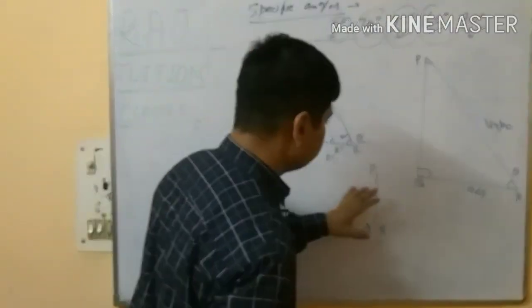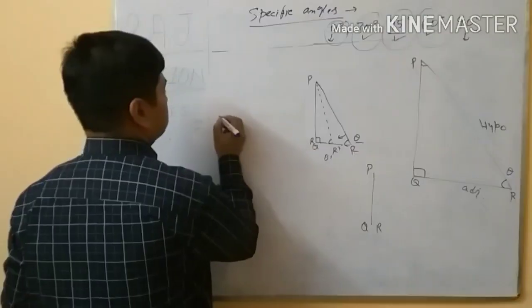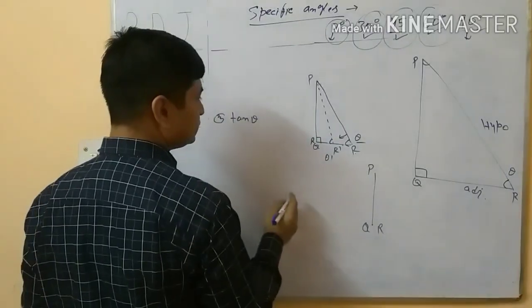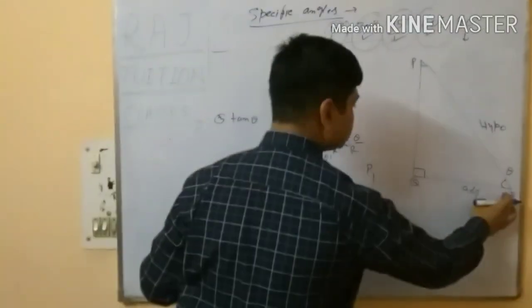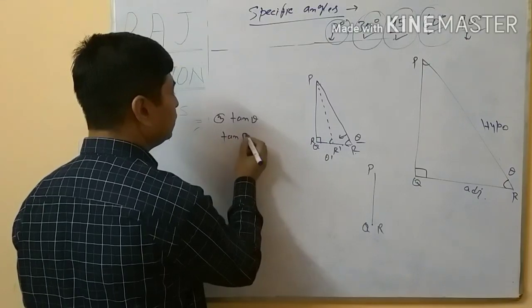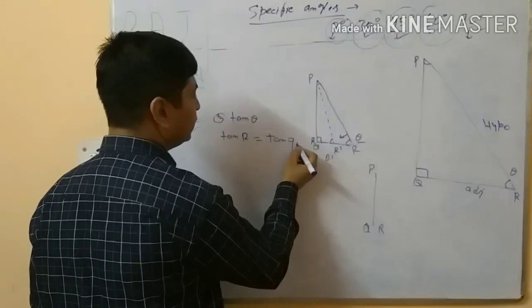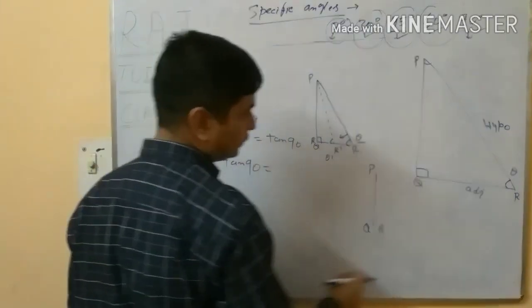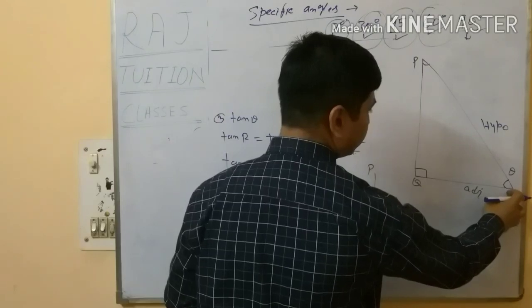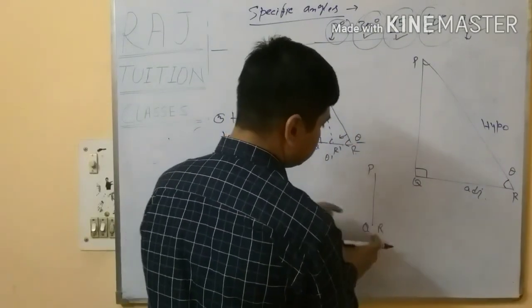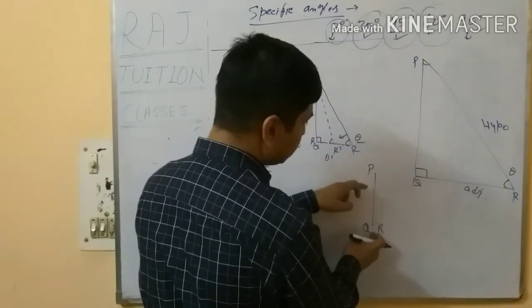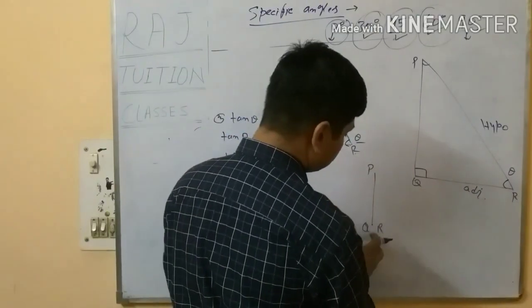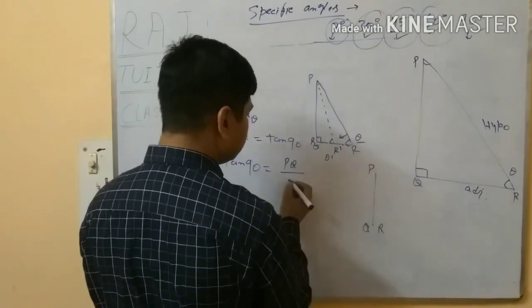Okay, just look at the third one, tan theta. So tan theta is side opposite over side adjacent. If I calculate tan R, that means I find tan 90. If R becomes 90, then the side opposite is PQ, divided by the side adjacent, which is QR.